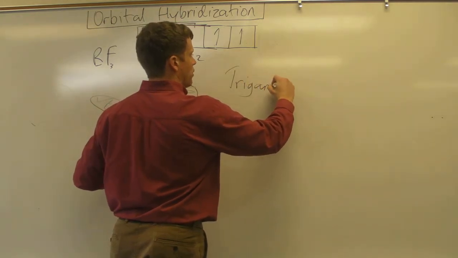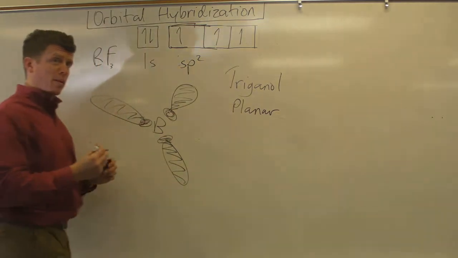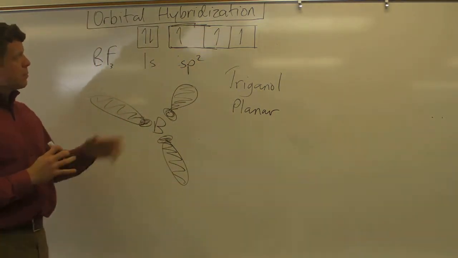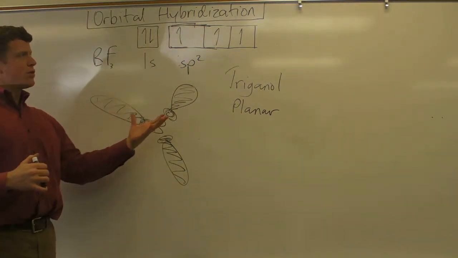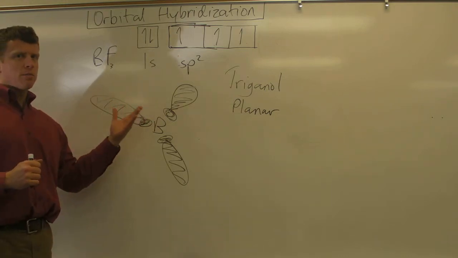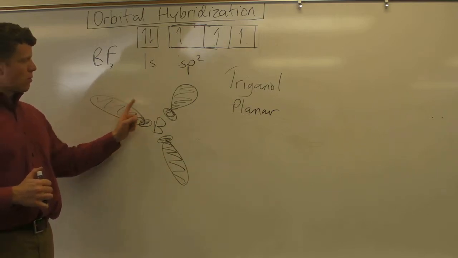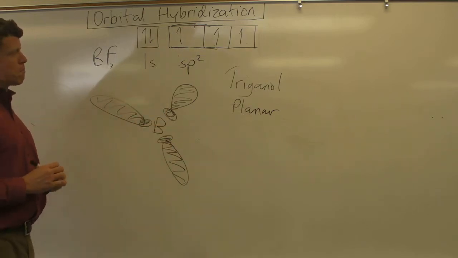So there are a lot of combinations of concepts that we've talked about here. So the sp, if you see a linear molecule, it's probably sp hybridized. If you see sp2, it's probably this, or even vice versa.